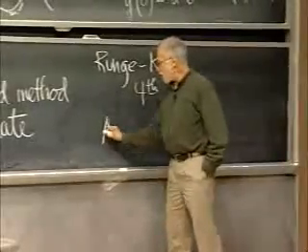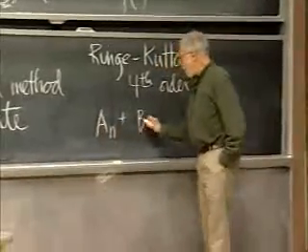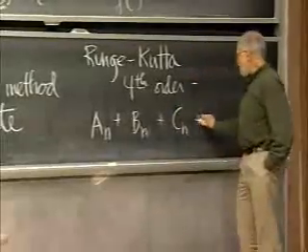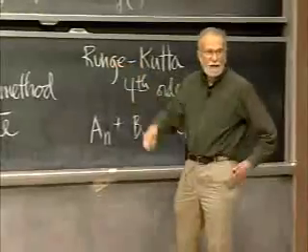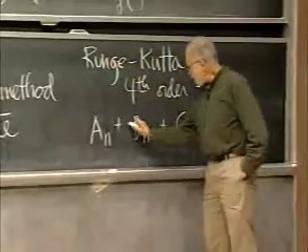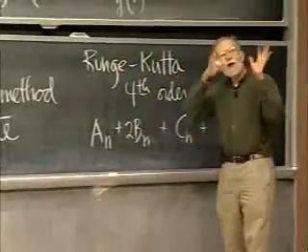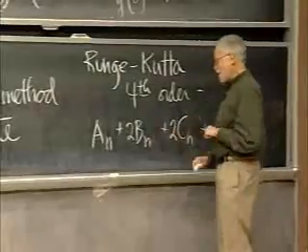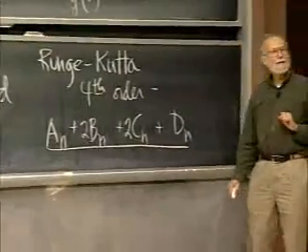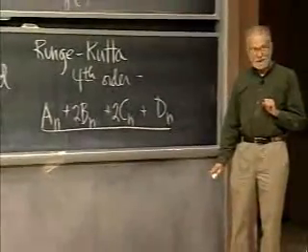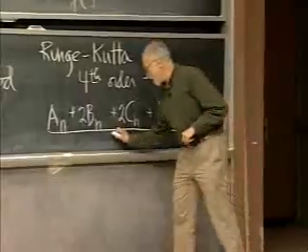The Runge-Kutta fourth order method requires you to calculate 4 slopes. I won't bother telling you what you do, but it's a procedure like that. It's just a little more elaborate. And you take 2 of these, you make up a weighted average for the super slope. What should I divide that by? 6.